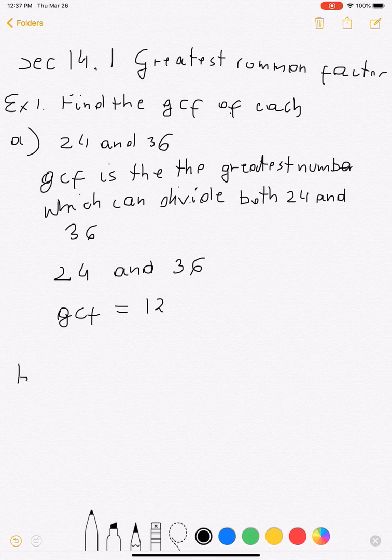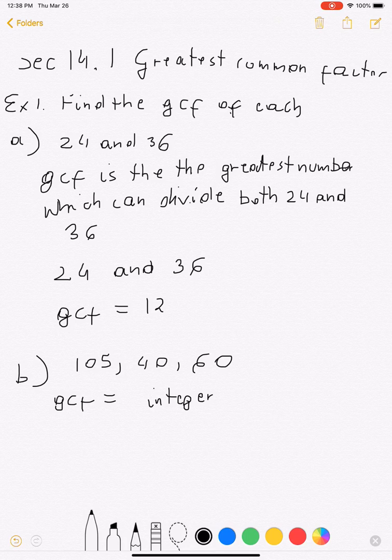B, we have to find the greatest common factor. Now you have 105, 40, and 60. You have to think greatest common factor. It's an integer because we're talking about integers here.